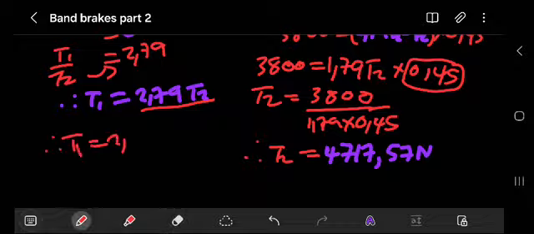Then we'll multiply this by 0.02. Then T2 we got to be 4717.57, multiply this by 0.08.